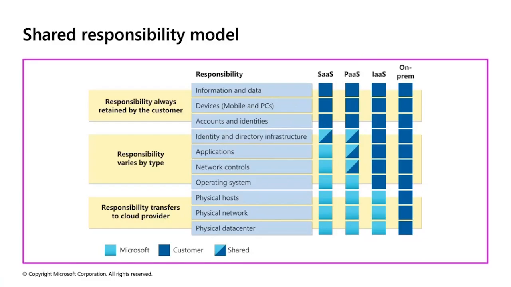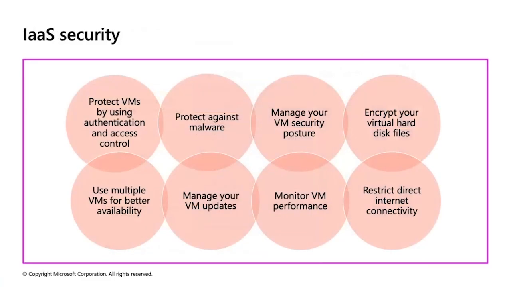Now, if we move to the next, you can see what we have in IaaS security. In IaaS security, we consider many things under security consideration. Like protecting VMs by using authentication and access control. If you're creating virtual machines, you can use strong authentication options using Entra ID.